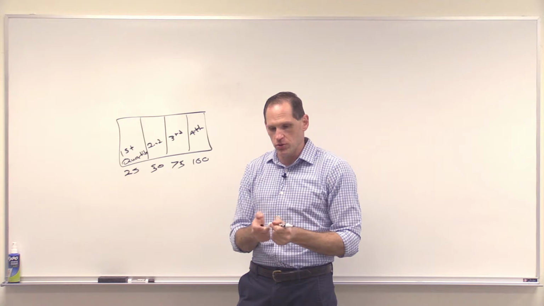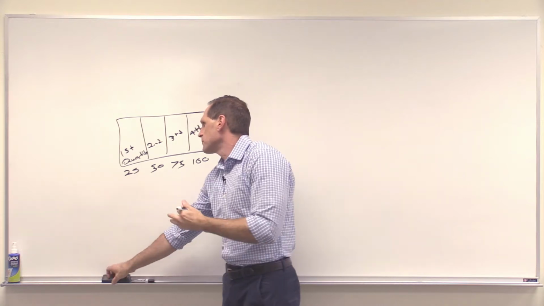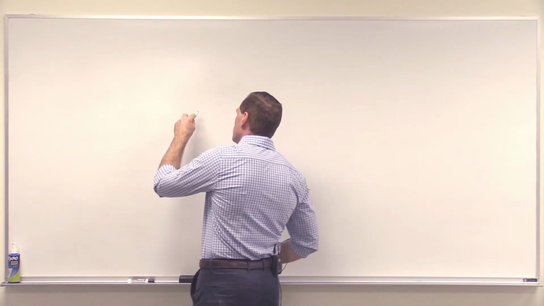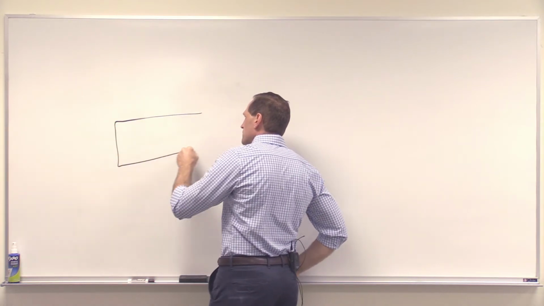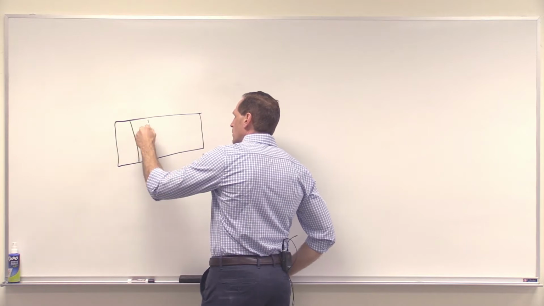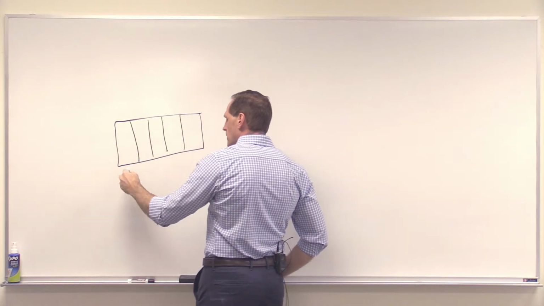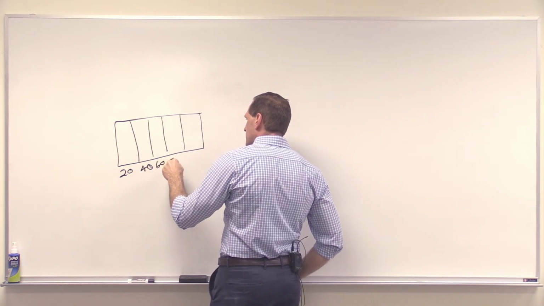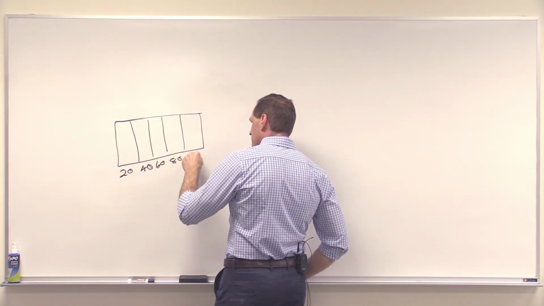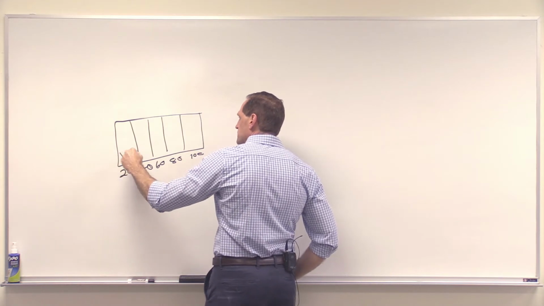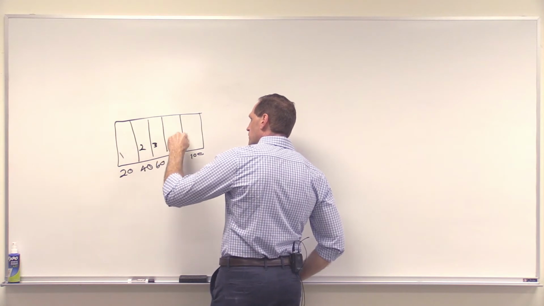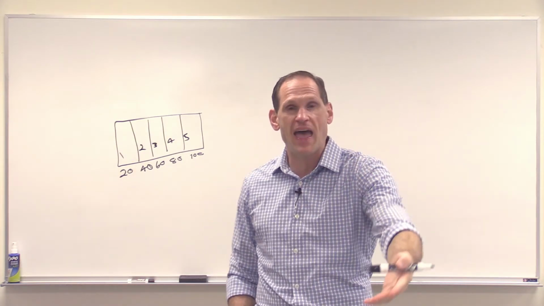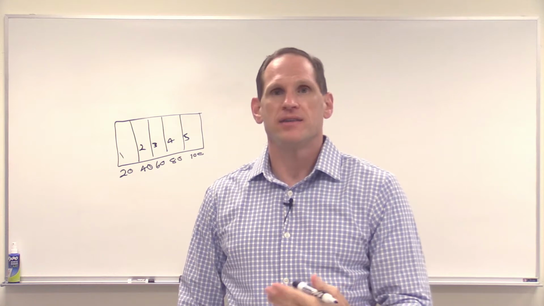Now another thing that you could do with this is instead of breaking it up into 4, you could break it up into 5s. So you probably guessed what this is going to be called, and it's going to be called quintiles. So we would have the first 20%, then 40%, 60%, 80%, and 100%. So this would be the first, second, third, fourth, and fifth quintiles. If you break it up into groups of 10%, then it would be deciles.